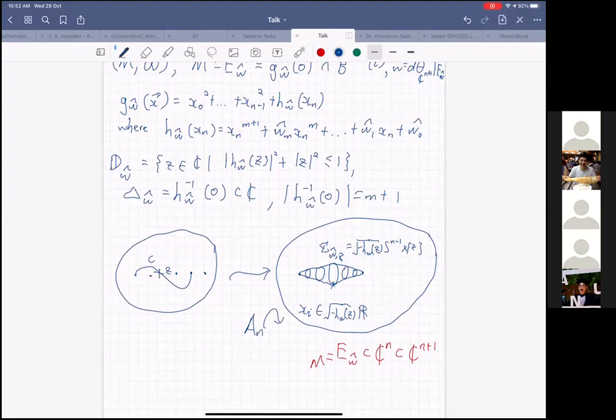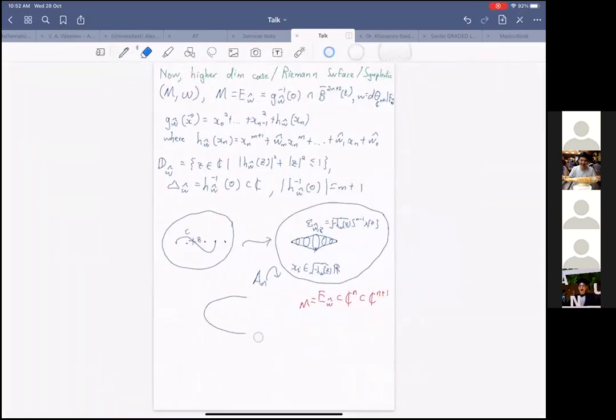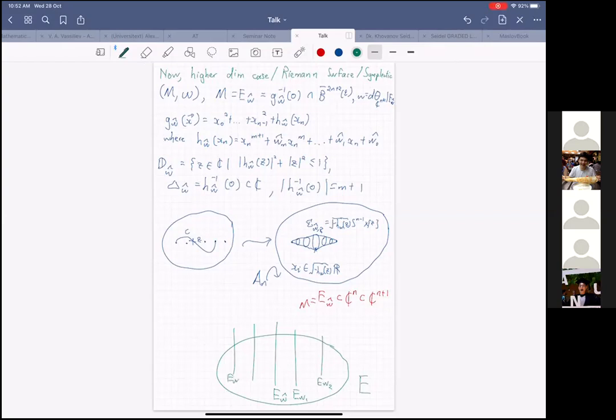Remember last time we talked about parallel transporting. Let's say this is the whole E, and above this, E has fibers EW hat, EW1, EW2, EW3, something like that.